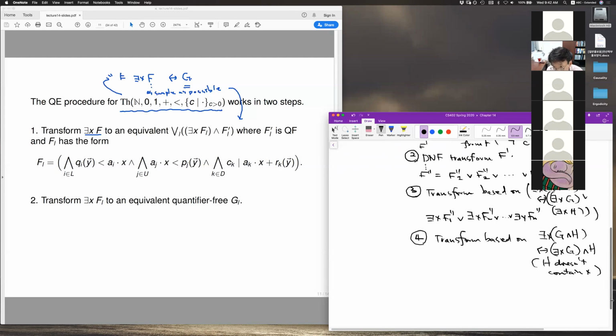So what does that mean? If we apply this transformation, we can move this f1 double prime, because this f double prime was DNF.